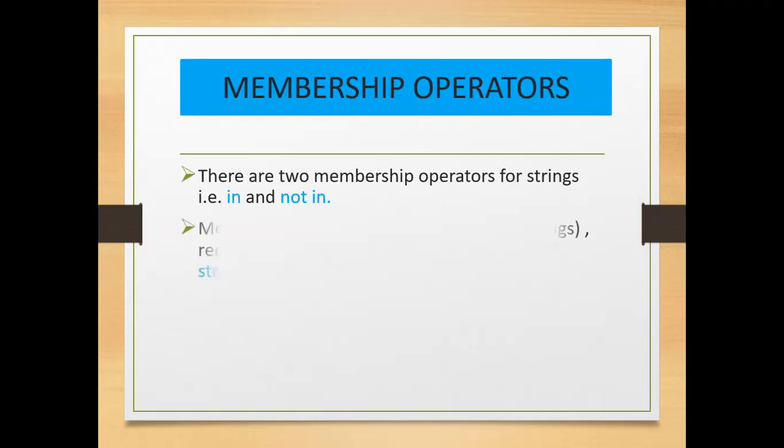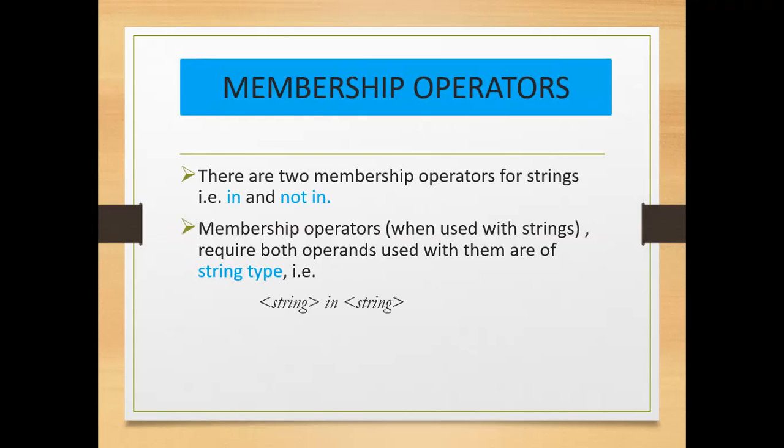Then we learned about the membership operators, in and not in. There are two membership operators, in or not in. Membership operators require that both the operands used with them are of string type. That means before in and after in, both the variables have to be of string type.